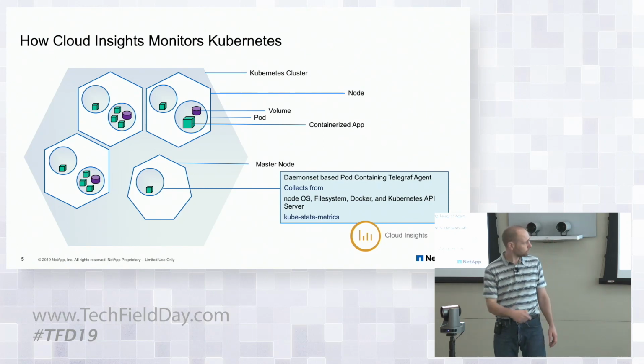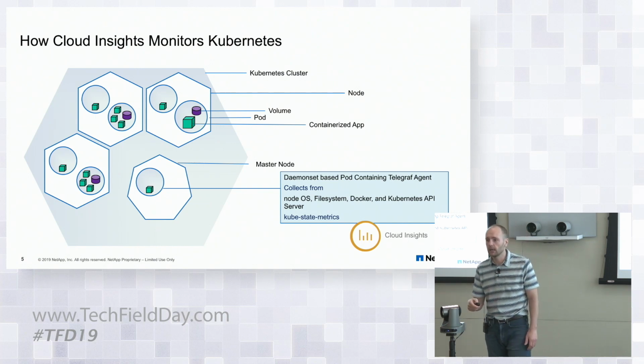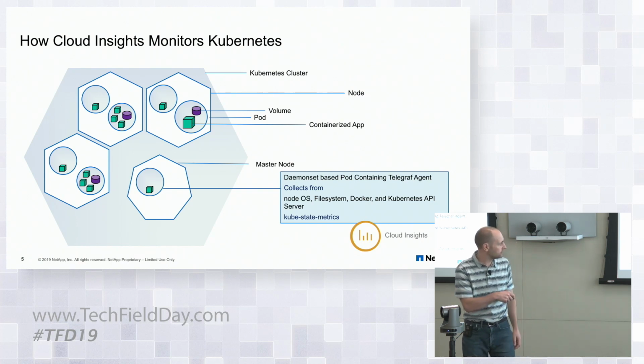So what we have here is how we actually do that. And what I showed in the earlier session in the overview is how you can actually download our Kubernetes collection agent, drop a small little YAML file or a Telegraf agent out there, and what it does is it sets up a daemon set that runs on the cluster.